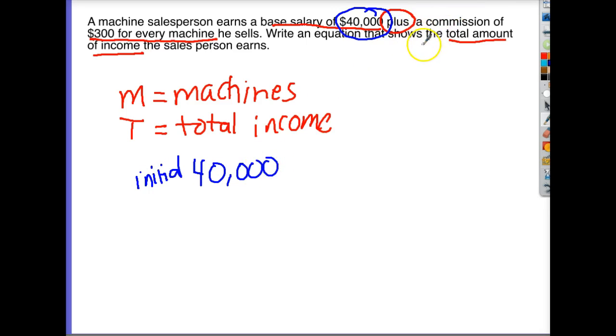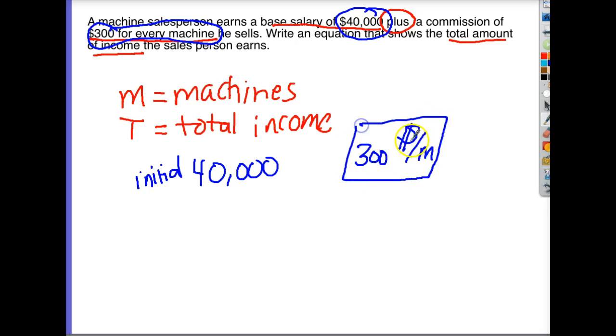Let's see, anything else? I see 300. And this is $300 per machine, right? This is dollars per machine sold. So $300 per machine sold. So that's a rate. This changes as we sell machines, so that's a rate. This one's staying constant, so that's my initial value. That's what I started out with.